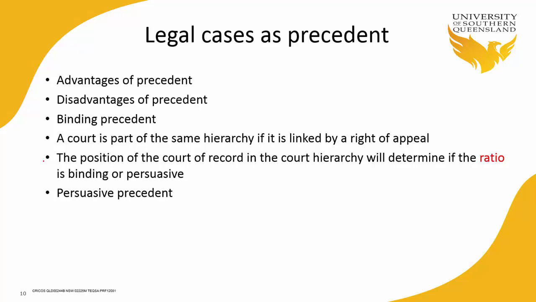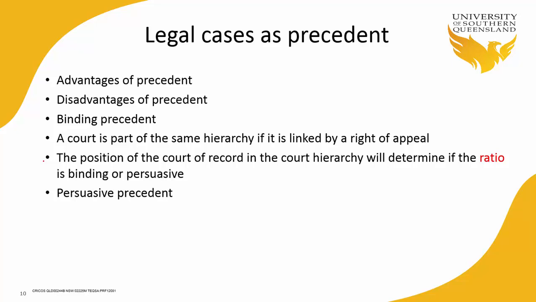And the idea that the position of the court of record in the court hierarchy will determine if the ratio is binding or persuasive. So if the court is higher than the one you are arguing your case in, for example you are in the District Court and you're arguing from a case that was decided by the High Court of Australia, then what you're talking about is in fact a binding ratio or a binding precedent.